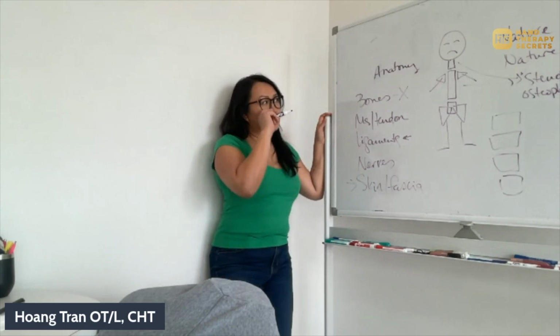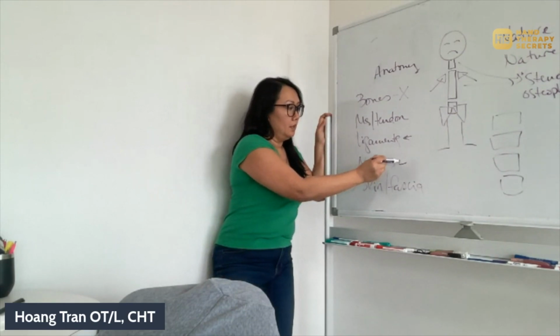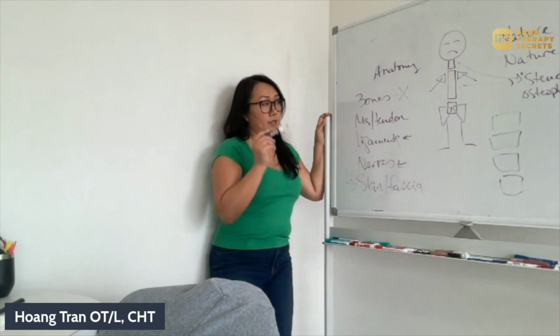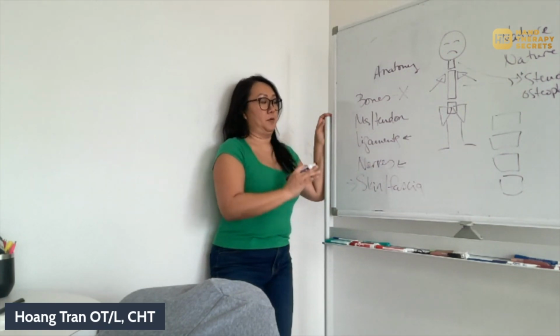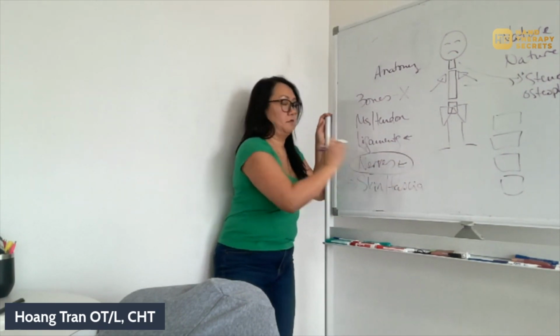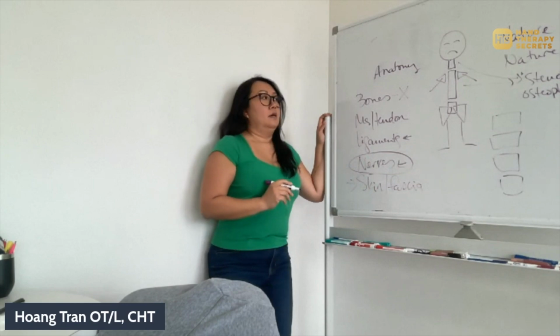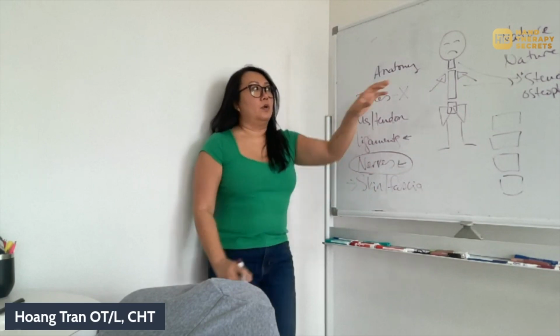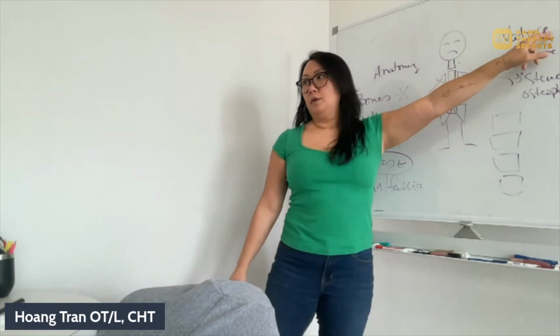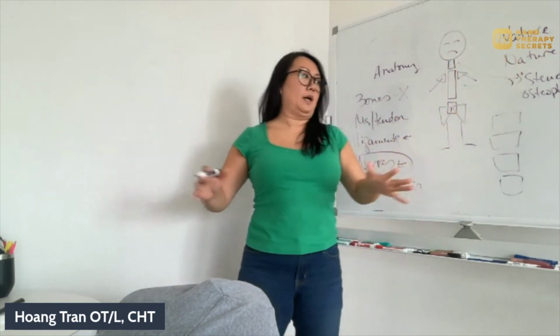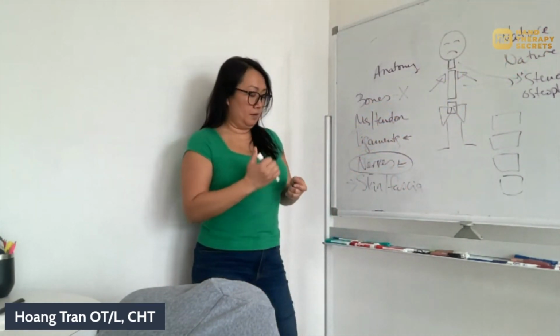Now, we also know this person came in for very specific nerve issues, right? That there is a quote unquote nerve injury that, we don't know, kind of came out of nowhere, right?